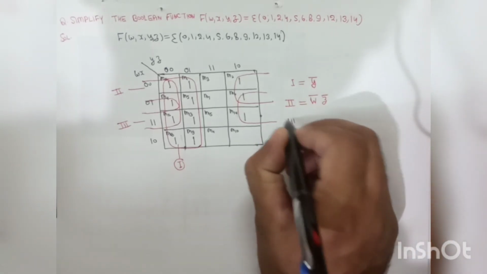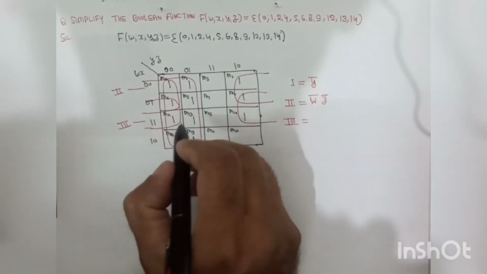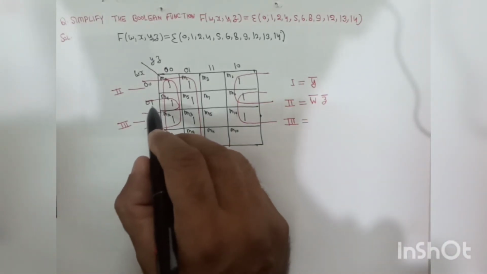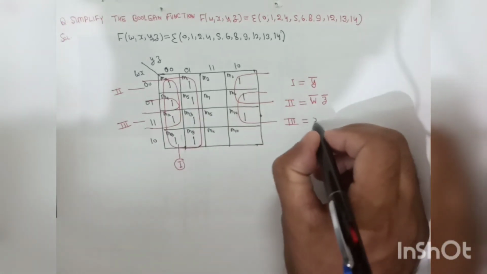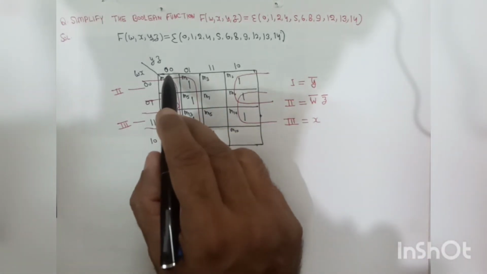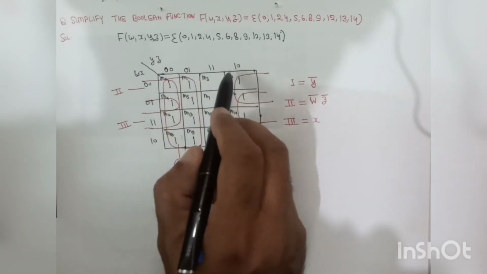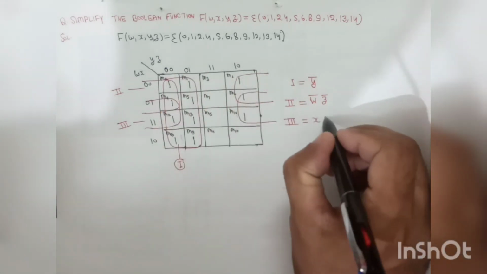And for the third quad, w changes from 0 to 1, x is constant, so here we will write x, and y changes from 0 to 1 and z bar is constant.